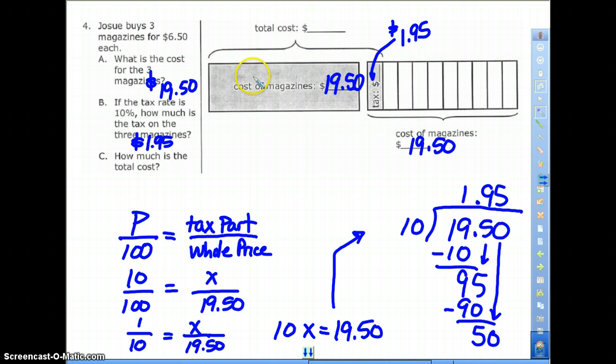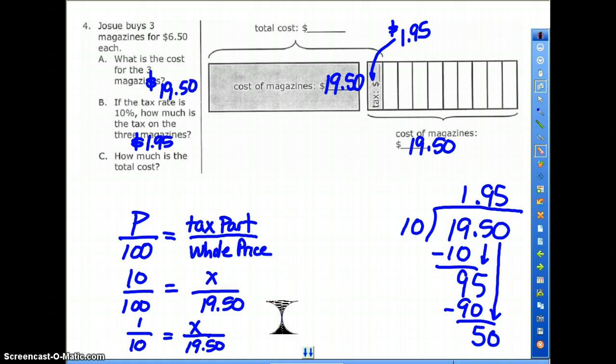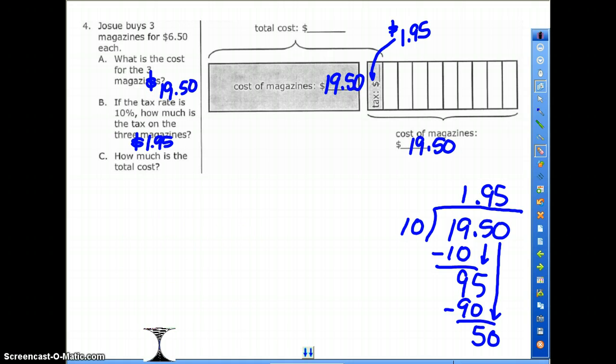So how much is the total cost? The total cost is the cost of the magazines, see this thing here, plus your tax. So I'm going to get rid of this. Our last step. Let's see. Step 1 was getting this number. Step 2 was getting this number. And step 3 to get the total cost is to take the cost of the magazines and do what with the tax?